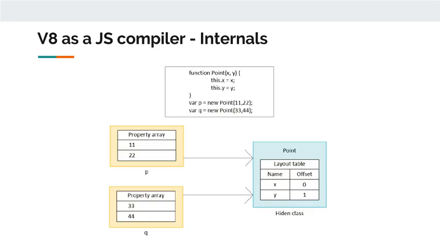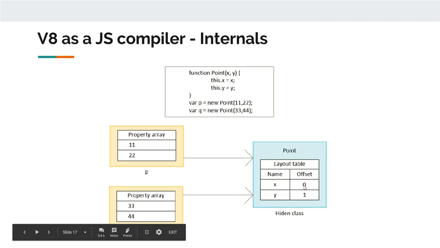So how does that work with hidden classes? Let's say you have a function called Point, which will end up being a class, and you pass in x, y as parameters. You have this.x and so on. We all know a constructor. Then you construct a point p by passing 11 and 22. Then you construct another one, which is 32 and 44. You will end up having this hidden class, whose layout will be the properties x and y.